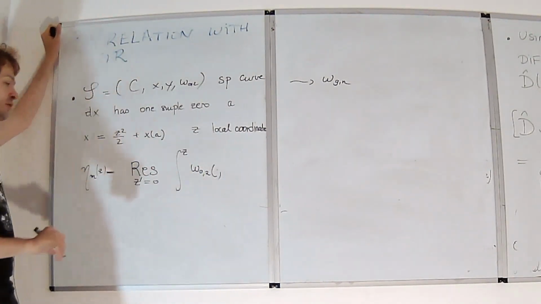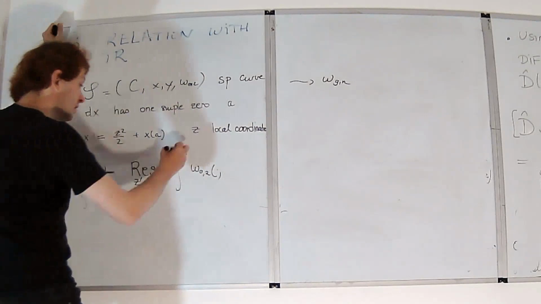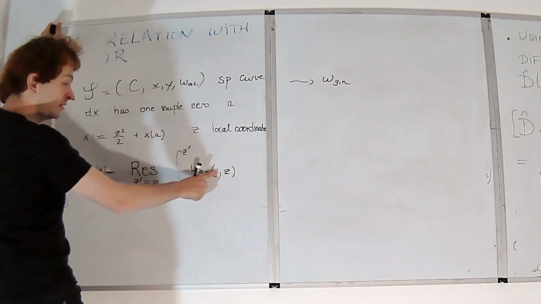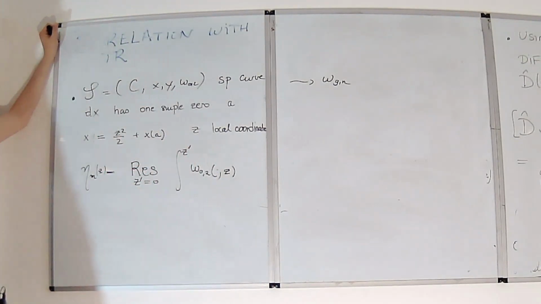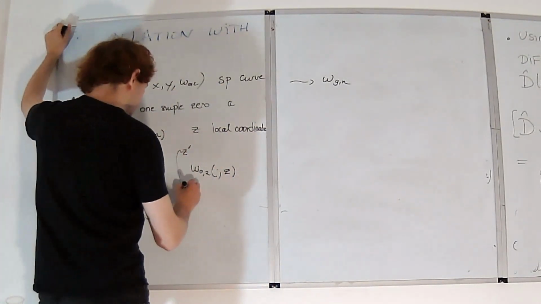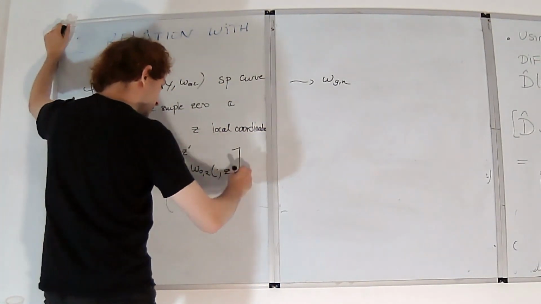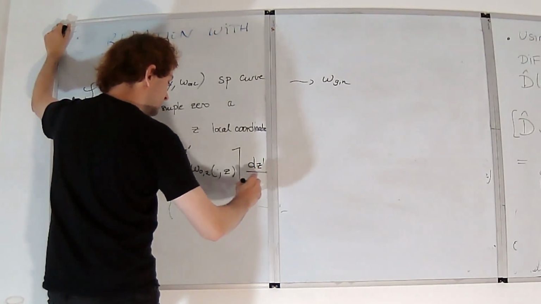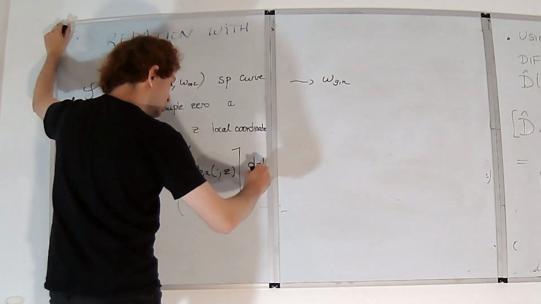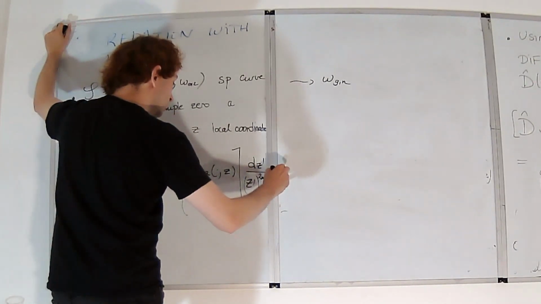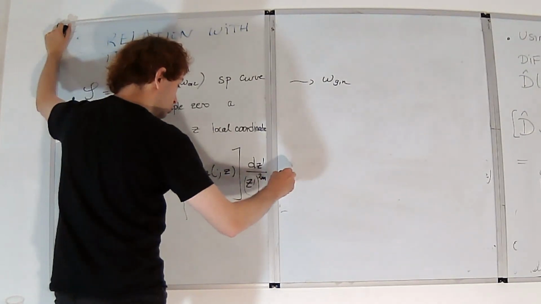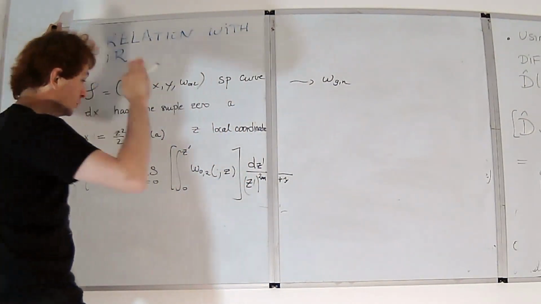So I'm taking the residue in another variable, z prime. The z appears here, so it's a one form here, but I integrate this one to get a function of z prime. Here I can start from 0. And here I'm going to put z prime to the 2m plus, I think, 1 or 2. I think I want 2.